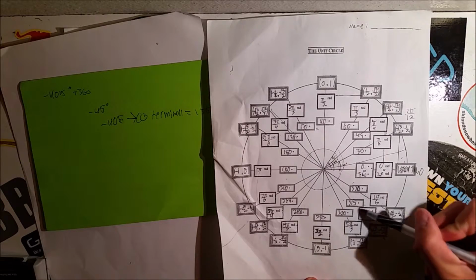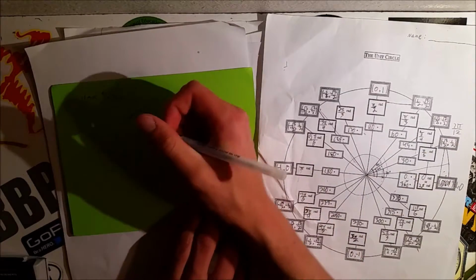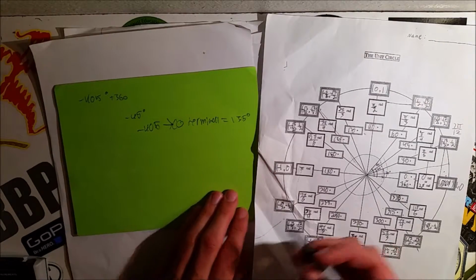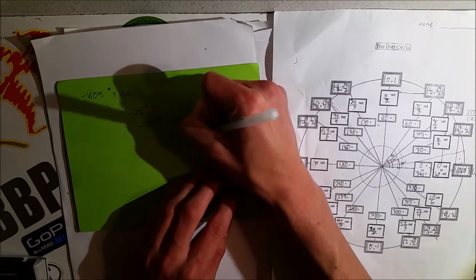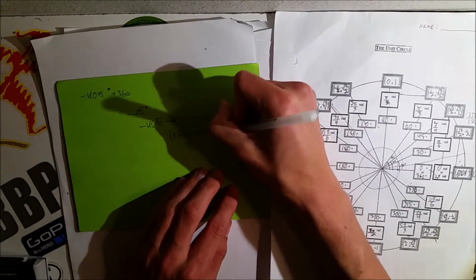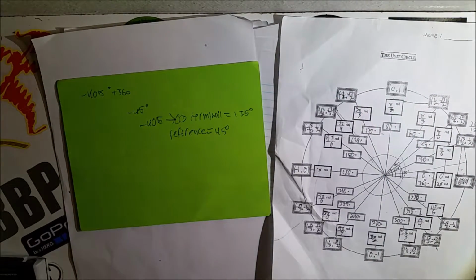So, it's 45 degrees away. So, the reference angle for negative 405 equals 45 degrees. That's always going to be a positive degree. You're never going to have a negative reference angle, ever, because it's like the absolute value. That's how far away it is from the x-axis, not what degree specifically it is.